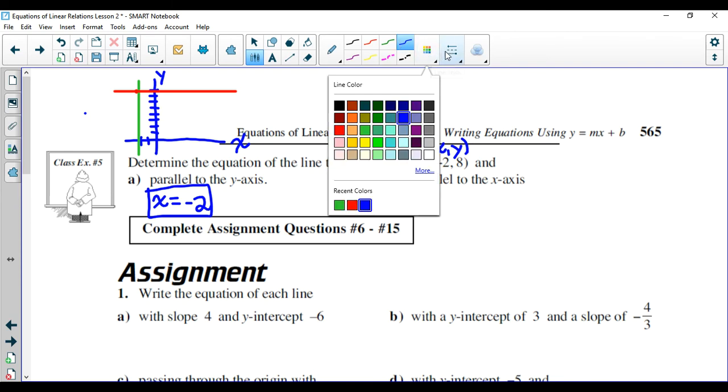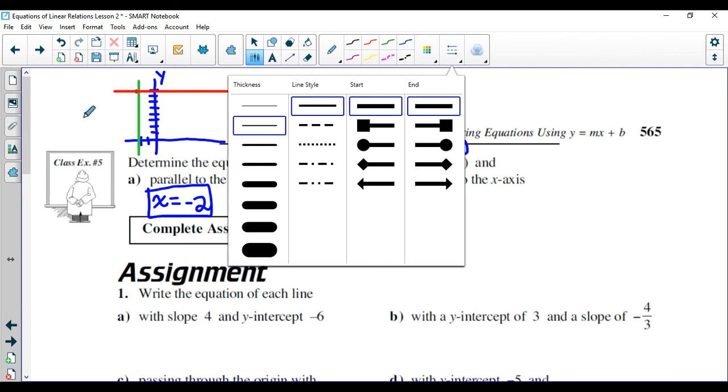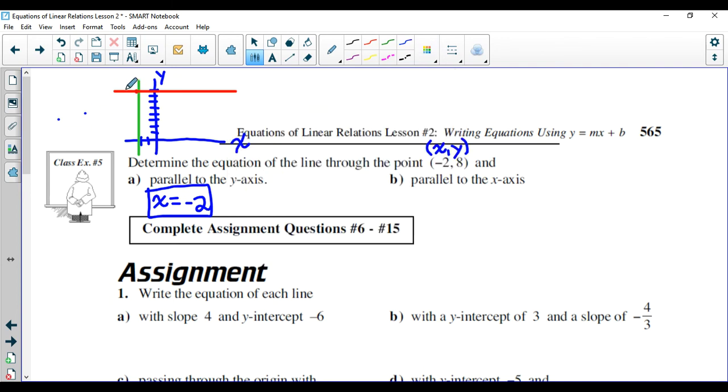For a horizontal line, again, try to identify what's the one value that's going to be constant no matter where you are on the line. Whether I'm all the way over to the left or all the way over to the right, the one thing that is constant is the value of y on the line. So the equation of this line would just be y is equal to +8.